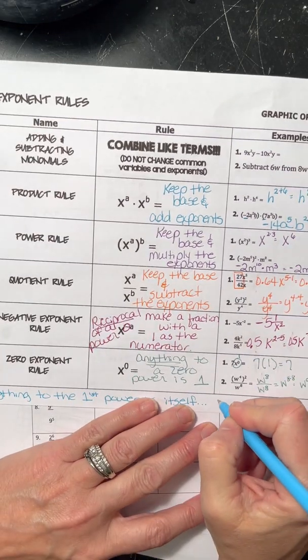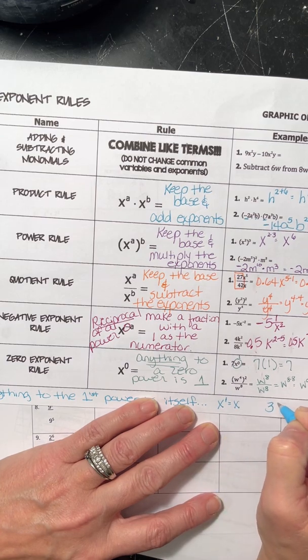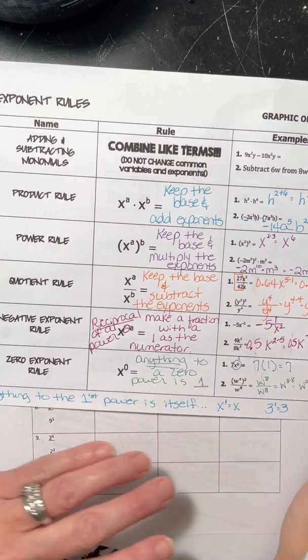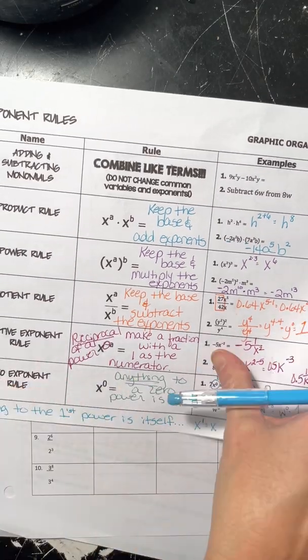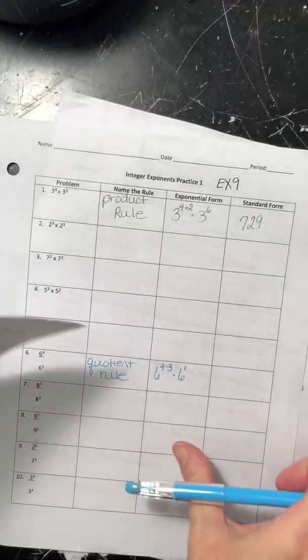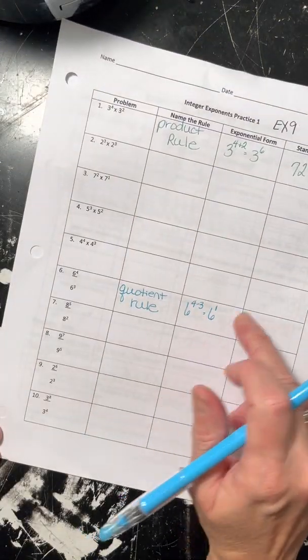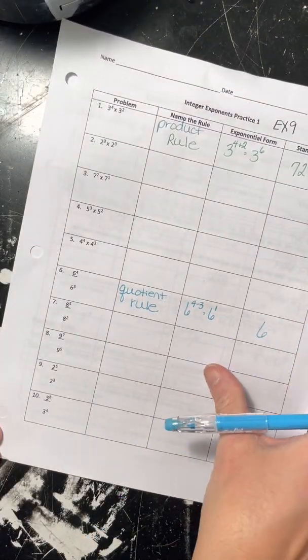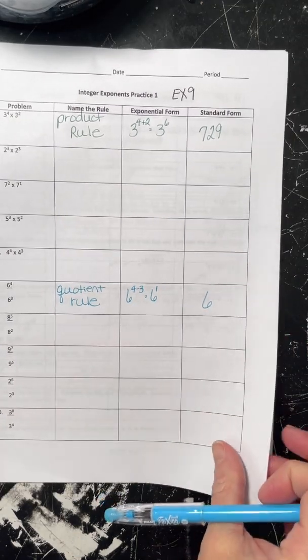So x to the 1st power is x. 3 to the 1st power is 3. Okay? Just gotta make a note of that on here. That's not on here, but we do need to make sure we put that on there. So anything to the 1st power is itself, which brings us over here. So 6 to the 1st power is 6. So that's just 6 right there. Okay?